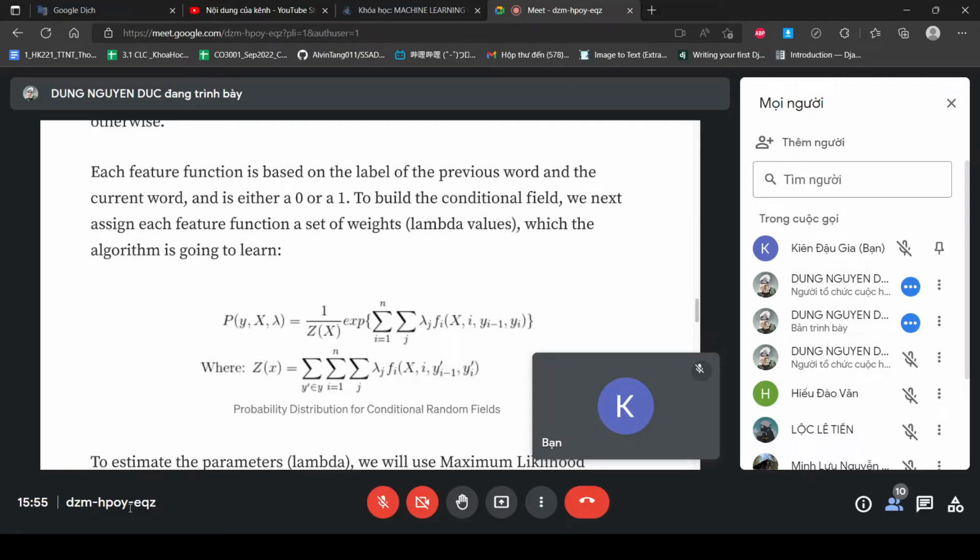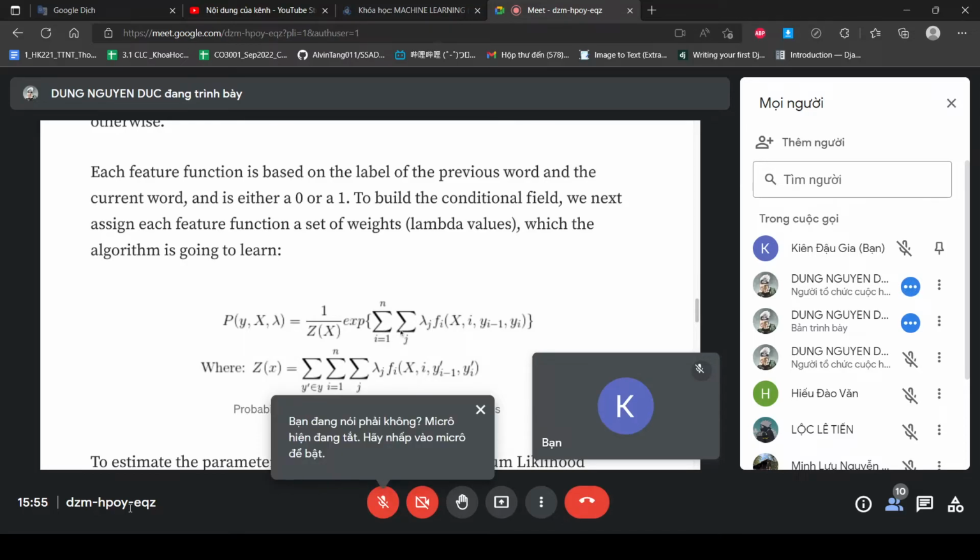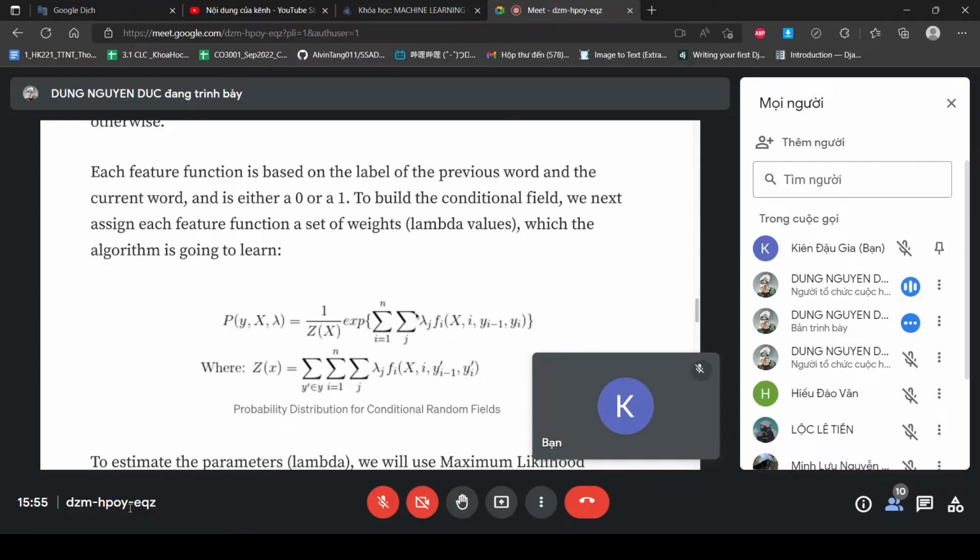So given this sum, what you have here is the combination of all the features where lambda turns out to be some sort of weight. So we combine those features, but some features are more important than other features. You see?